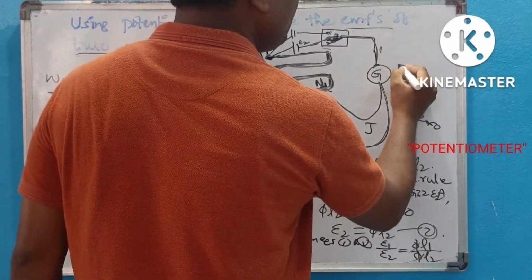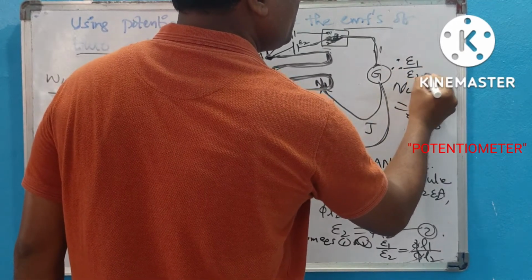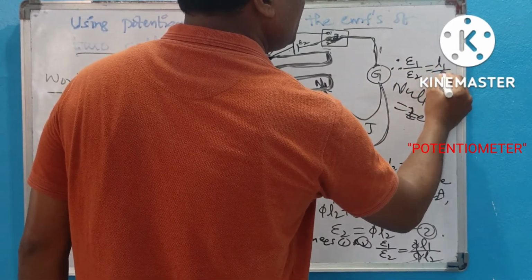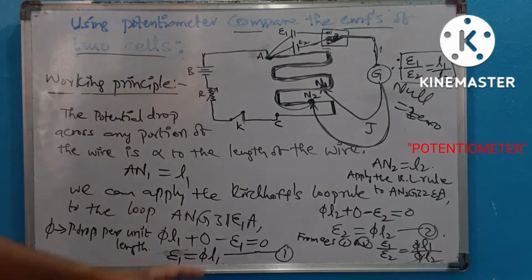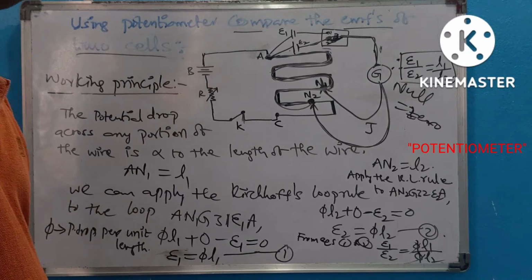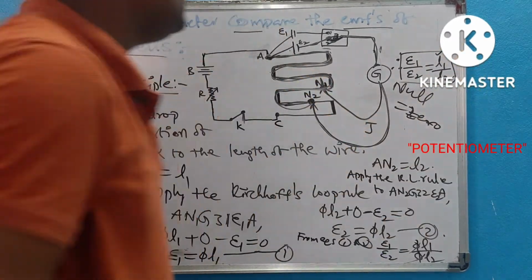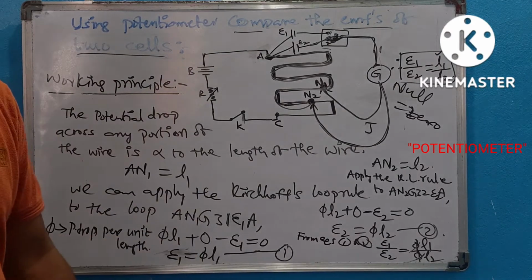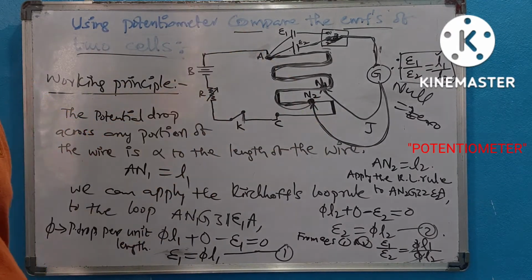So finally, EMF 1 by EMF 2 equal to L1 by L2. So E1 by E2 equal to L1 by L2. This is the comparison of the EMFs of the two cells using the potentiometer.